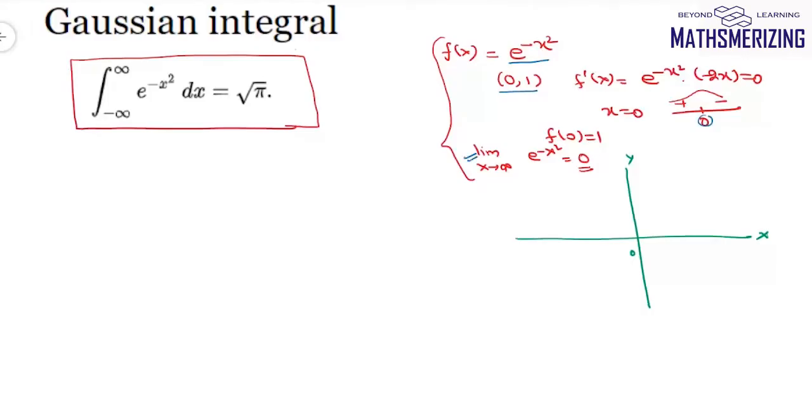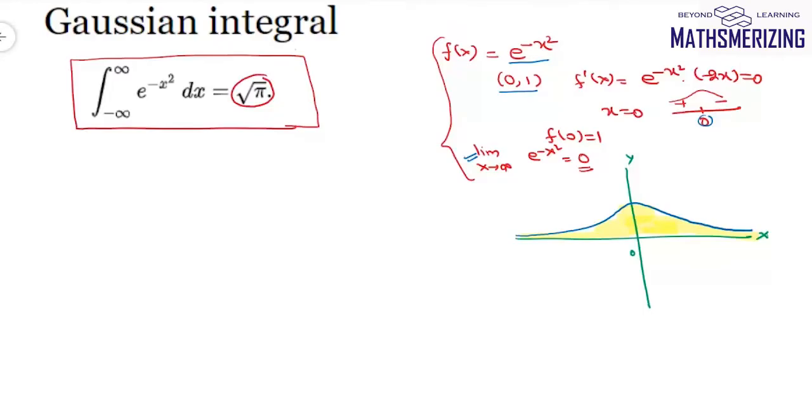With all this information, we can now draw the graph of e to the power minus x squared. This Gaussian integral is nothing but the area under this curve and the x-axis, so basically we are looking for this area. Now we need to prove that this area is equal to the square root of pi.